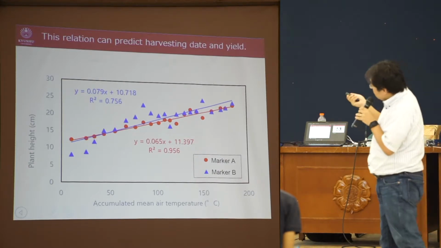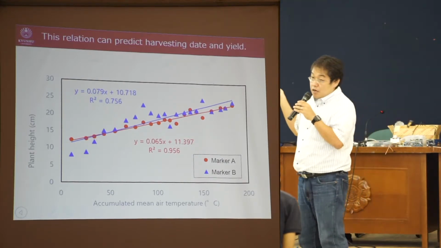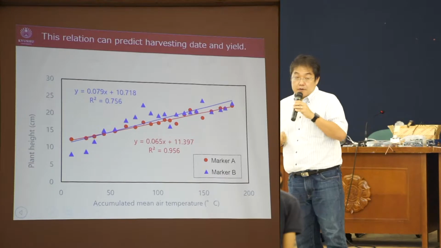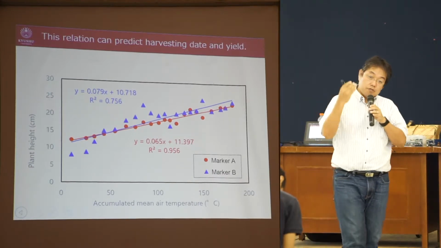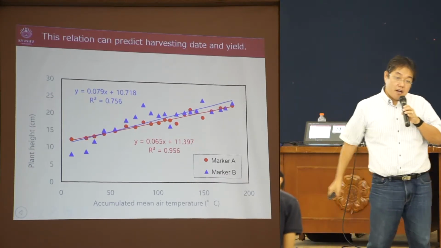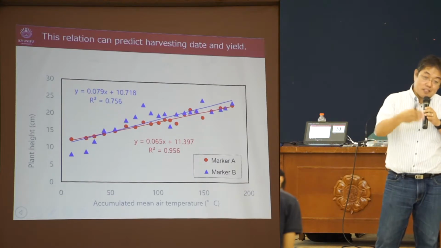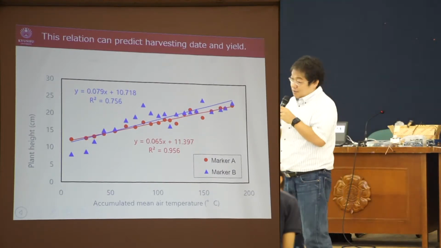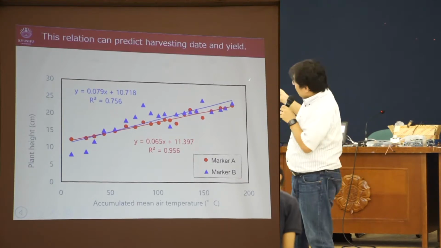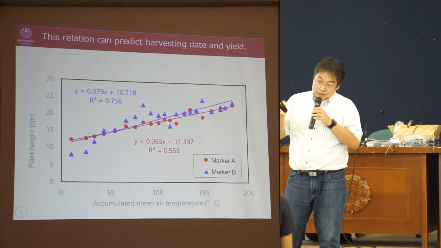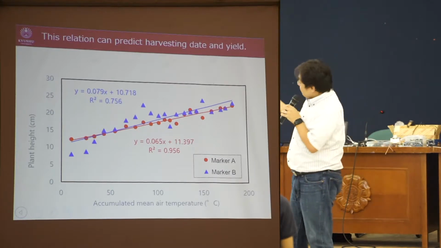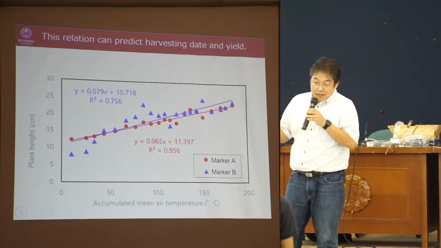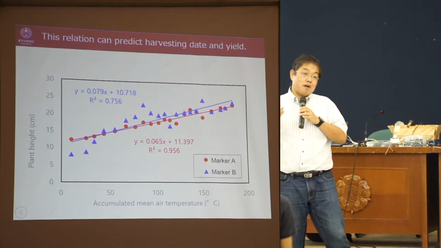So this is the estimation of the harvesting date. The harvesting date is important to determine the price of the plant or vegetables. If the farmers know the harvesting period only 3 days before, the market cannot determine the price easily.